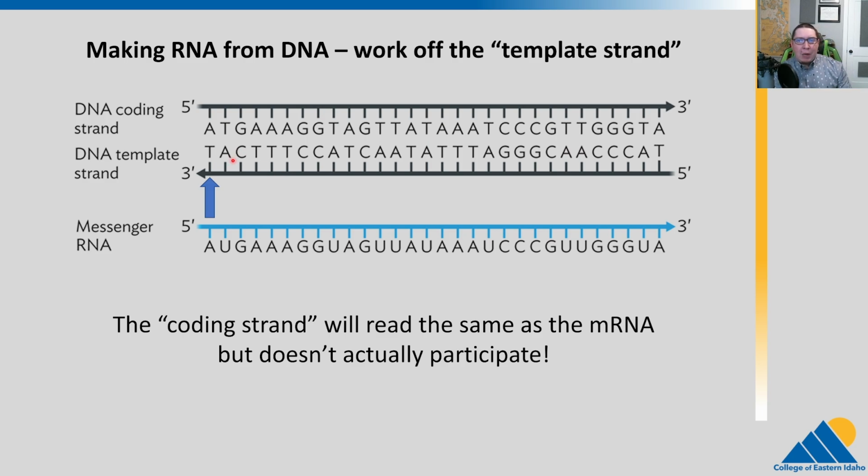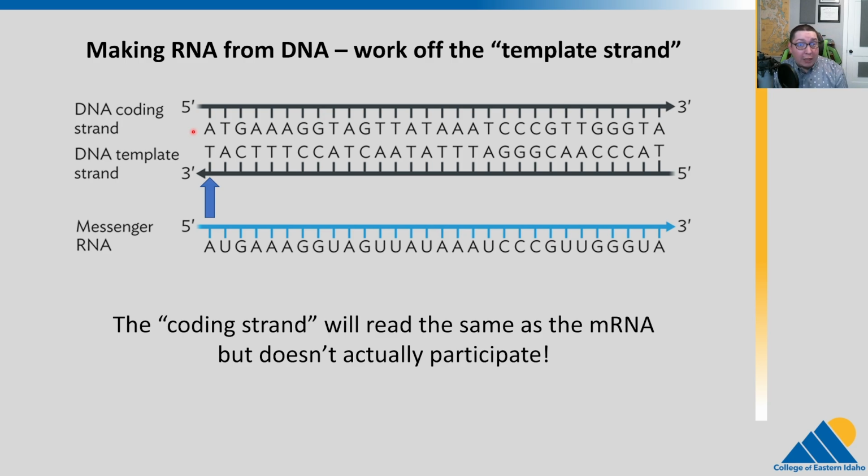So what's going to happen is the DNA is going to unzip, and we're going to build this mRNA using the sequence from this DNA template here. Meanwhile, the coding strand will not do anything during this process, but you will note that it will read the same as what the mRNA is going to read, except T and U are swapped.